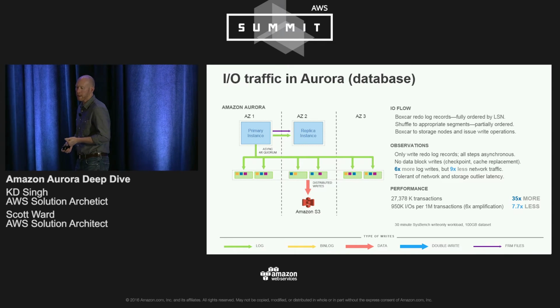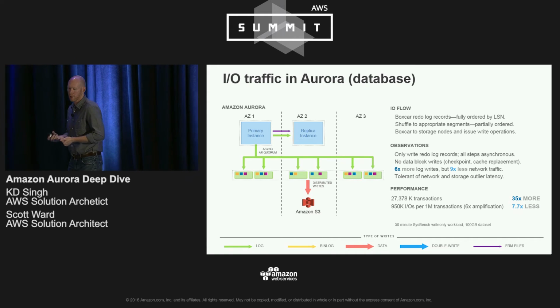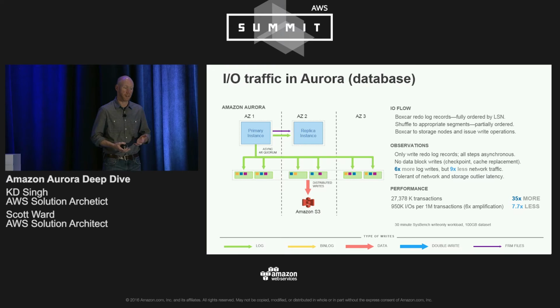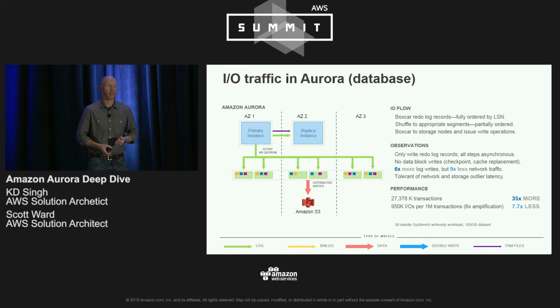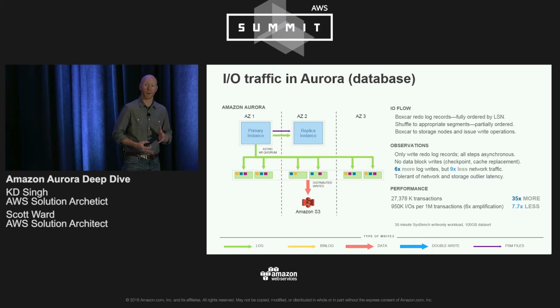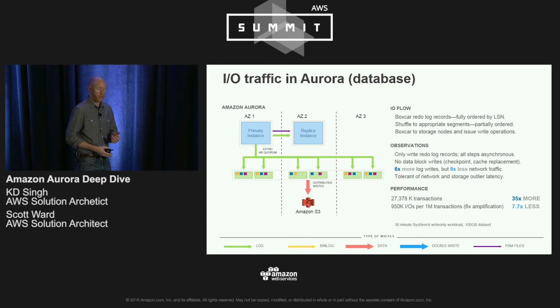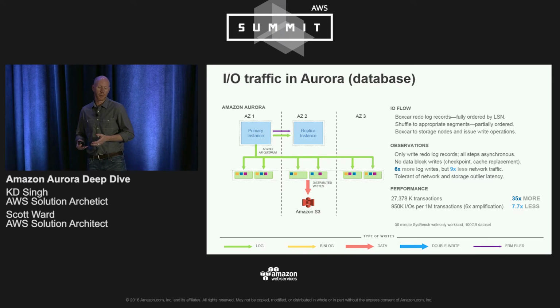So we went and ran that same sysbench test against an Aurora cluster. Once again, 30 minutes and a 100 gigabyte data set. The result is that we were able to write 27 million transactions over that 30-minute time frame, which is 35 times more than we were able to do on the MySQL test. That worked out to about 950,000 I/O operations per million transactions.